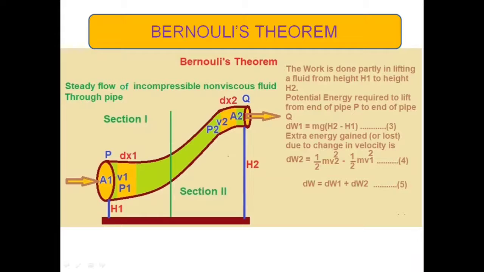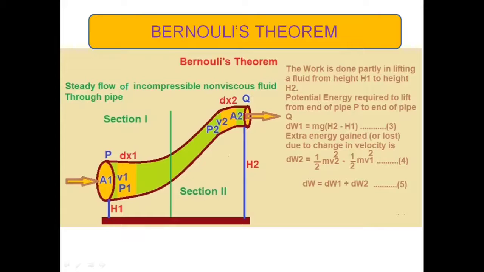Now work is done partly in lifting the fluid from height H1 to height H2. The potential energy required to lift from end of pipe P to end of pipe Q is dW1 is equal to mg into the bracket difference of the heights, that is H2 minus H1.